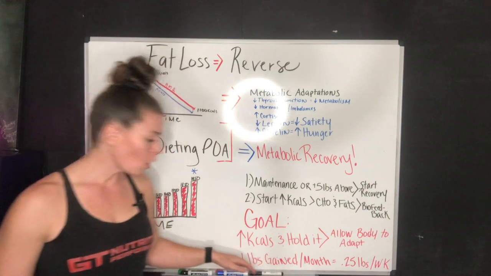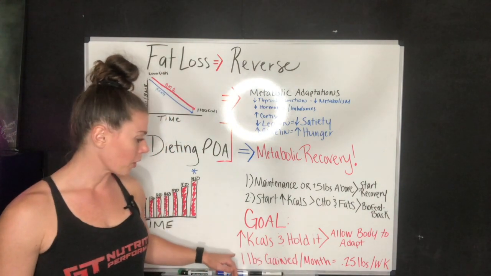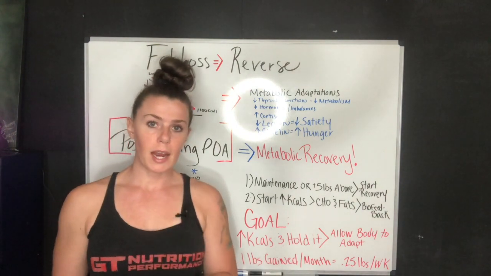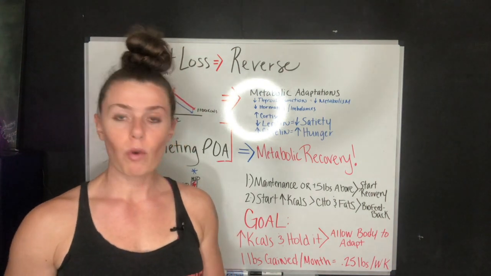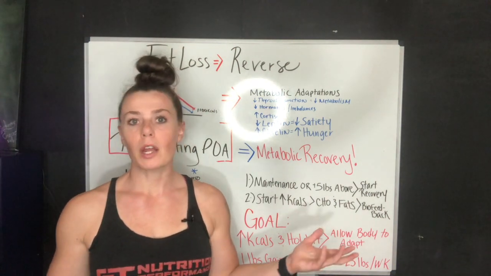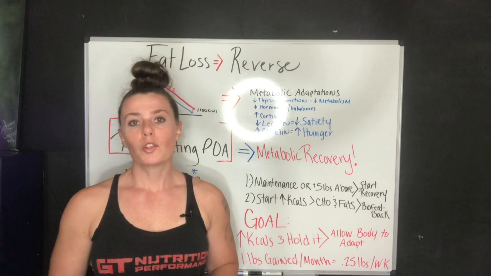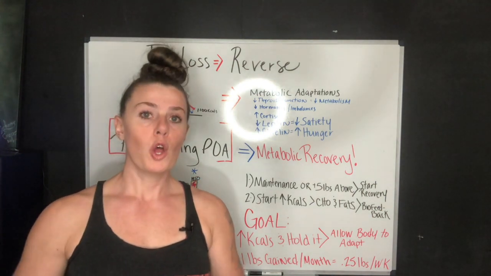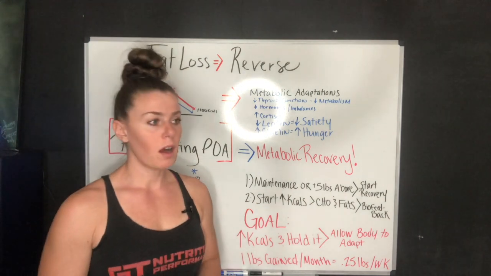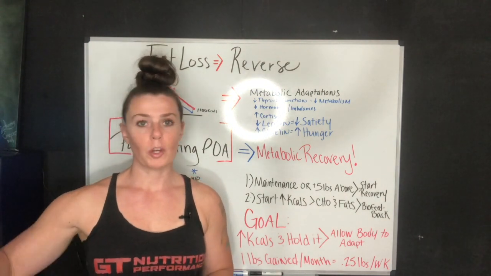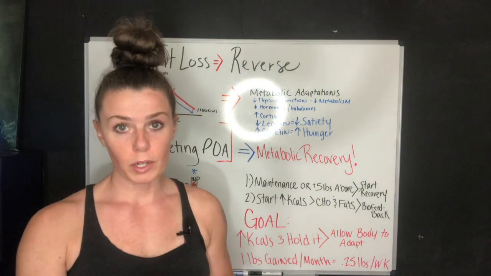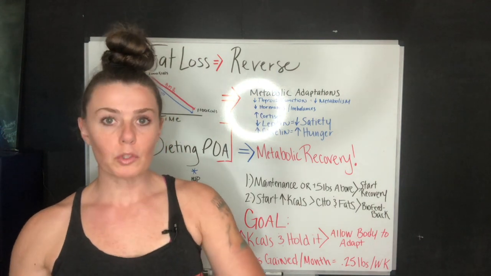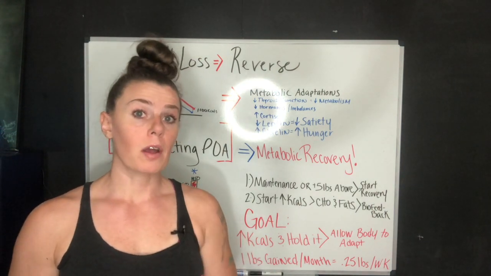So it's a slow process. Figure if you worked on reverse dieting and building your calories up over the course of a year, so that's 12 months, then that means you put on 12 pounds over the course of 12 months. So it's not going to be one of these things where you're jumping from 0 to 100. You're still going to be able to maintain a better body composition.